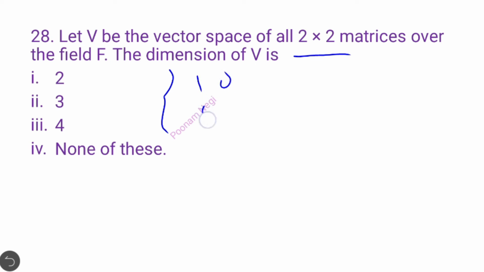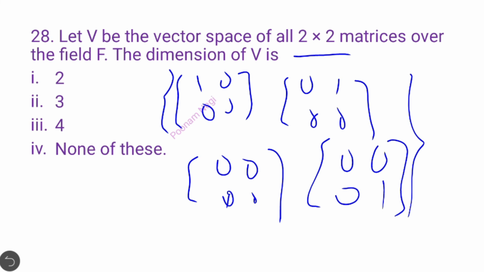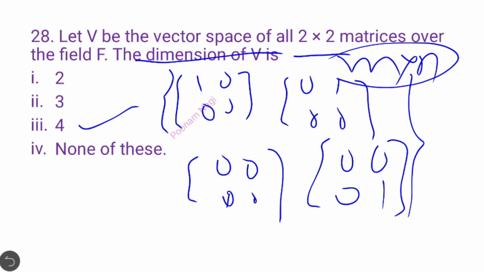The first matrix is [1 0; 0 0], then [0 1; 0 0], [0 0; 1 0], and the fourth one is [0 0; 0 1]. That's why the dimension of this V will be 4. In general, if we have a matrix of the order m by n, then the dimension of that vector space V will be m times n.